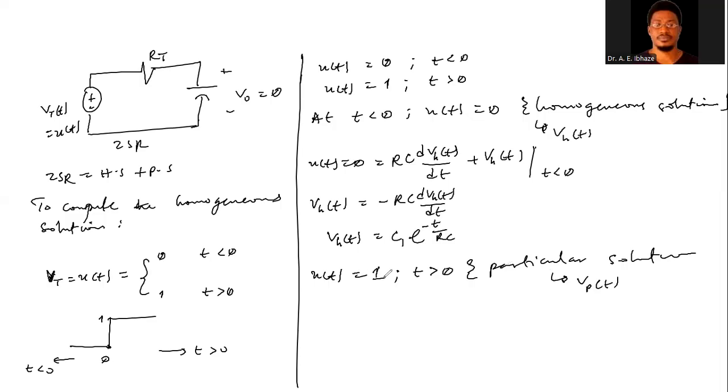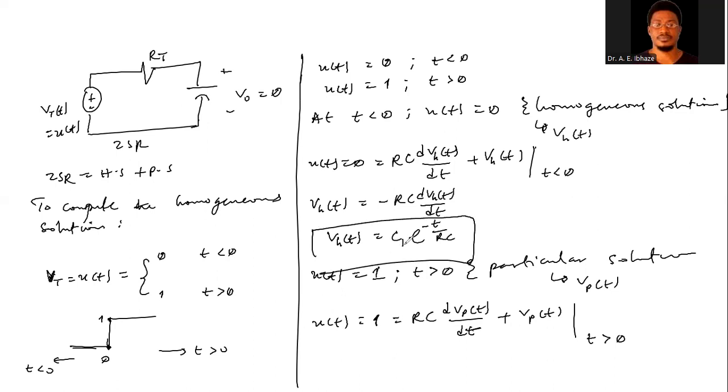After t equal to 0, we see that U of t is equal to 1, right? So it moves from 0 to 1, which is equal to RC times the mathematical model for the circuit, RC dVp of t over dt plus Vp of t. So this is at t greater than 0. Recall, this is the solution we have for the homogeneous solution, and we can only solve for C1 after we have solved for the particular solution.